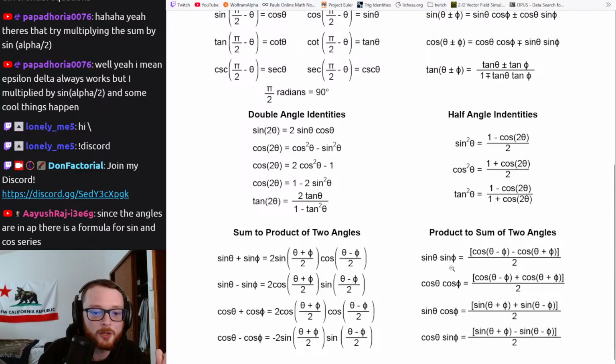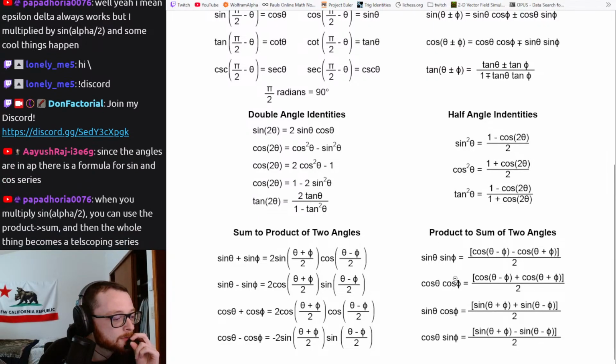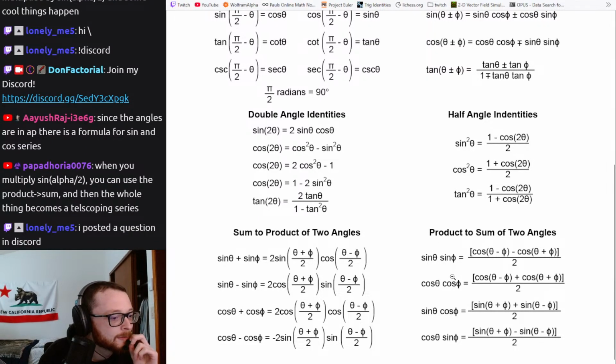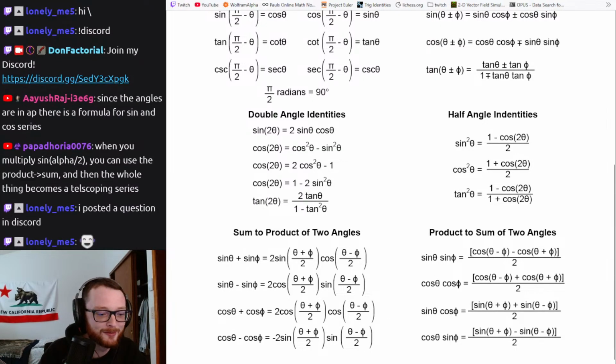Do we want product to sum? It becomes a telescoping series. Wow.